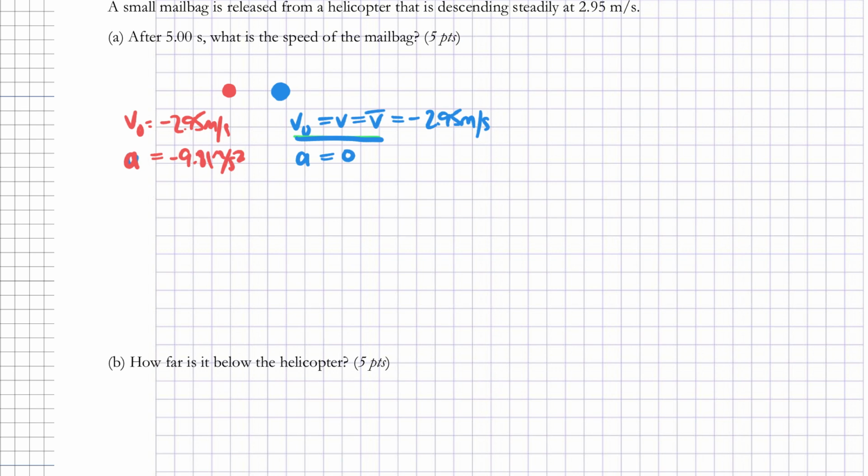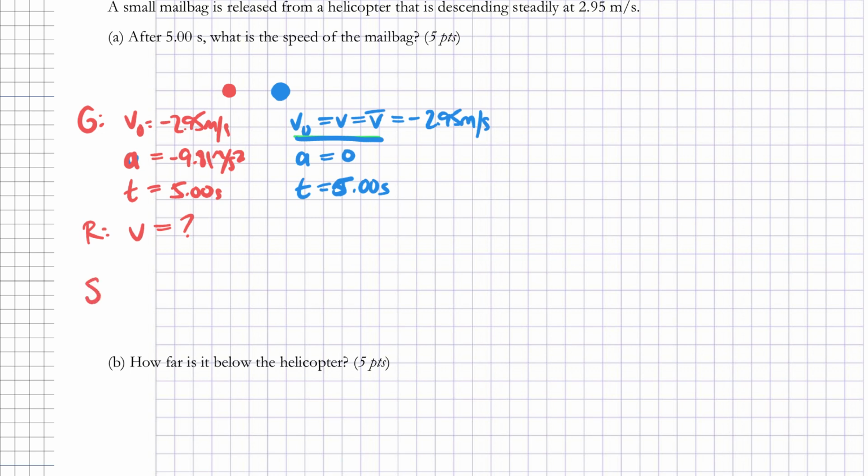We do also know that the time for both of them is 5.00 seconds, because if you guys remember this problem, they ask how far apart the helicopter is from the bag after 5.00 seconds. After 5 seconds, what is the speed of the mailbag? This is not a terribly difficult problem. These are the givens. What do we want to know? We want to know the velocity equals what?